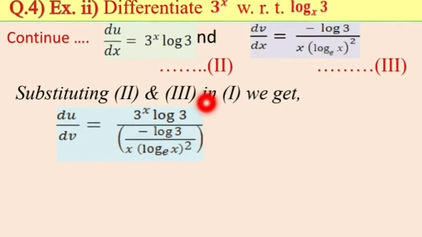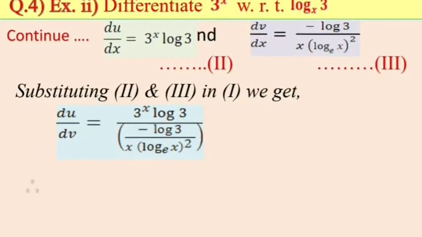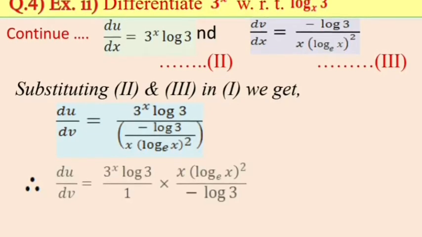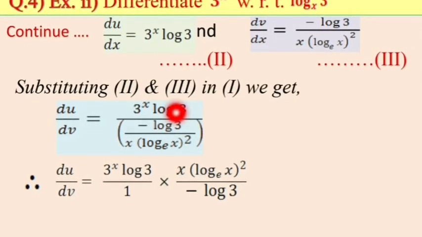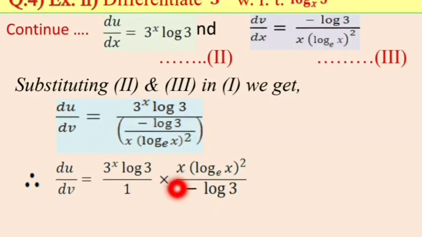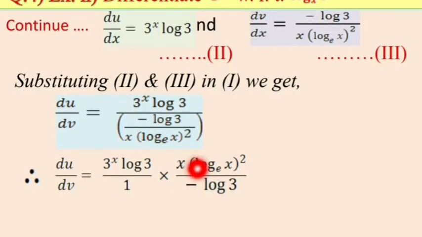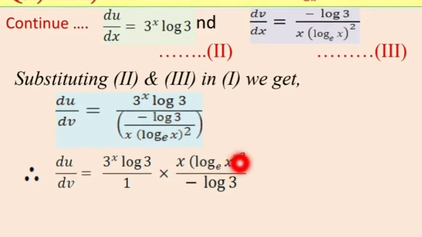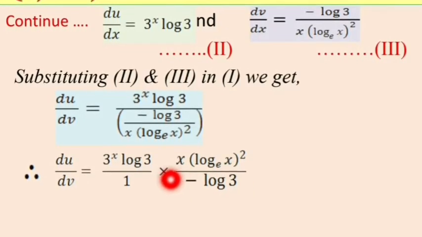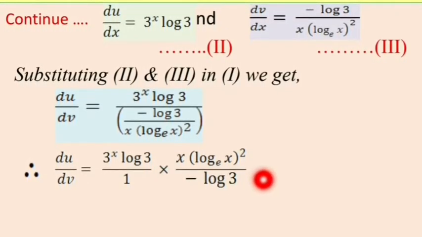Now simplifying this, we can get du by dv equal to 3 raised to x log of 3 divided by 1 into x into bracket log of x to the base e bracket square whole divided by minus log of 3.